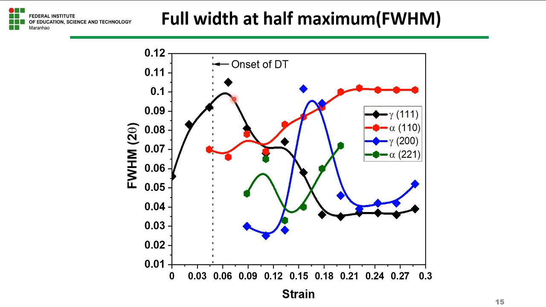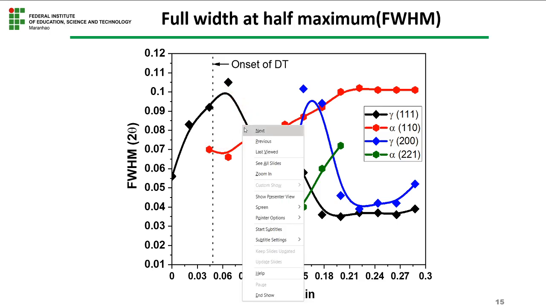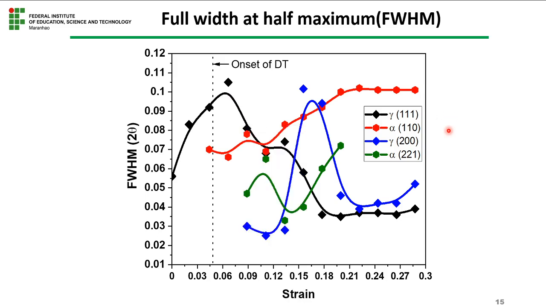So this shows that this austenite suffers dynamic recrystallization. The first minimum is related to the appearance of ferrite, and the second minimum is due to the dynamic recrystallization phenomenon that happens in the material.